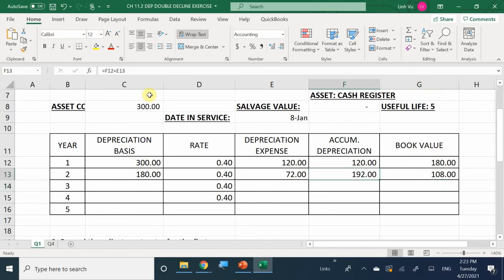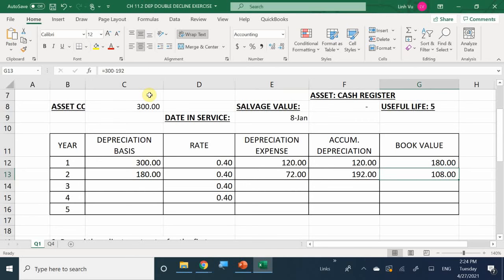If I made a mistake here because I didn't cell reference it, say I put 190, it doesn't change my book value because I never cell referenced it. So I would have to fix both ends. Cell references just help you make sure that when you enter your numbers, it changes everything in case you do make a mistake. Okay. Perfect.